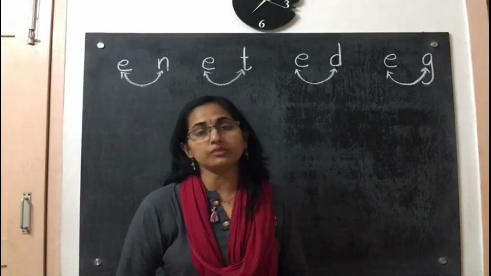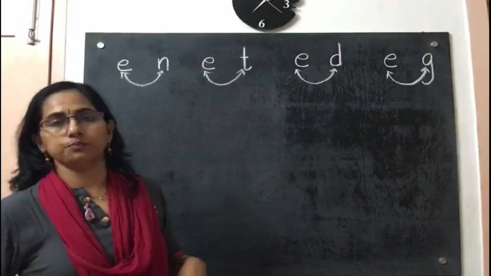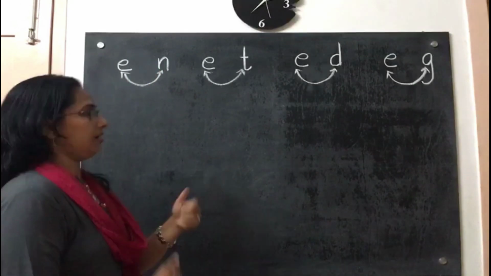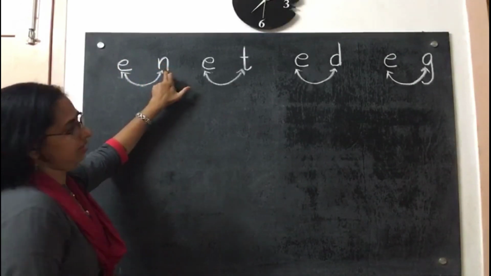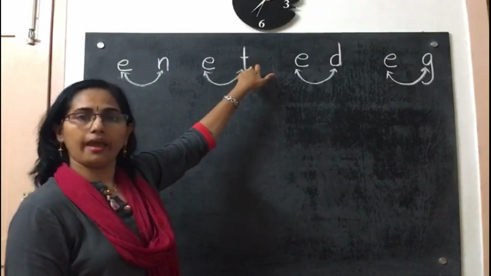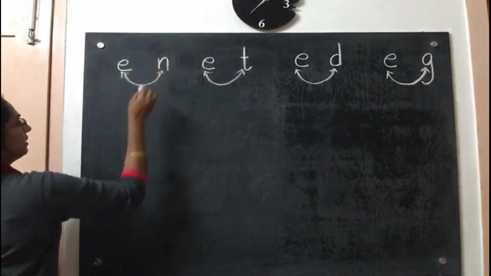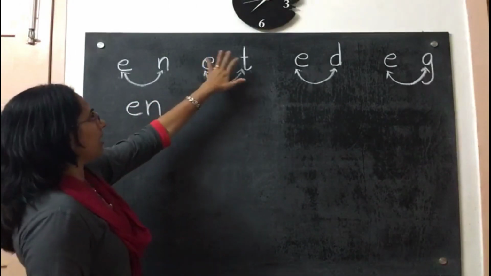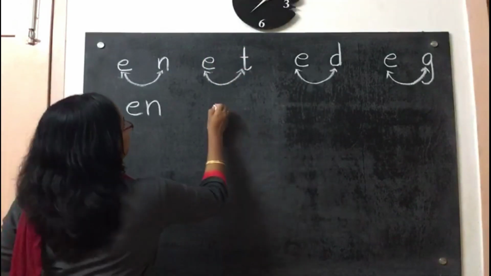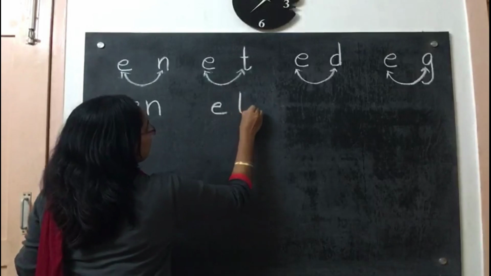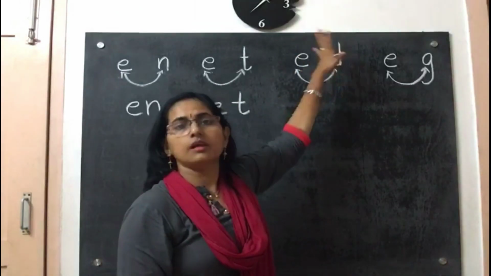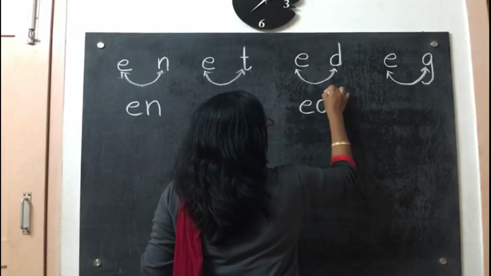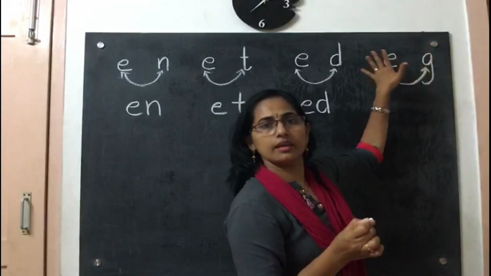Now let's see how to make 3-letter words using the E vowel. Here, N. What is the sound of E? Eh.